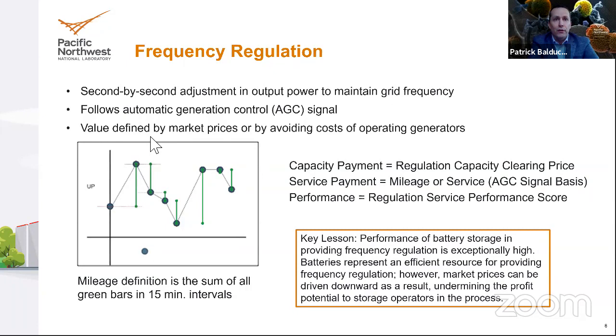Energy storage systems perform exceptionally well, better than most any other unit that will be providing frequency regulation. But once again, this is a shallow market. So when market prices are high, new entrants can quickly crash the market, as happened in the case of PJM.